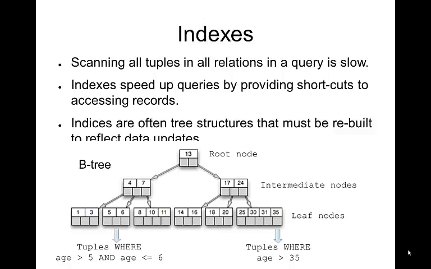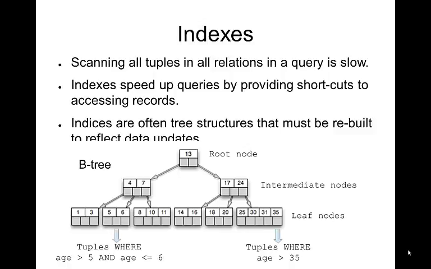So what relational databases support is indexes on fields, on more than one field. And these indexes speed up the queries by providing shortcuts to accessing the records. Indexes, rather than indices, that's bad typing. Indexes are often tree structures that must be rebuilt to reflect data updates.